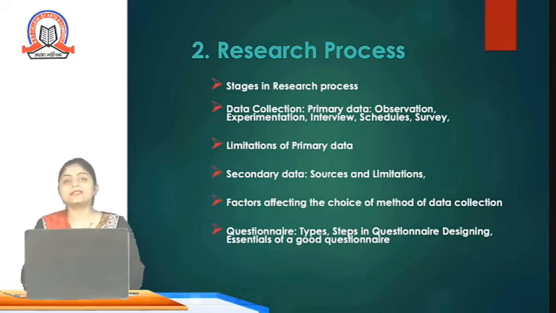So researchers can use that data also for having the facts and figures, for giving justice to their research work. If they are referring to that, they need to mention the sources in the references and bibliography. So secondary data also plays an important role in the research work.